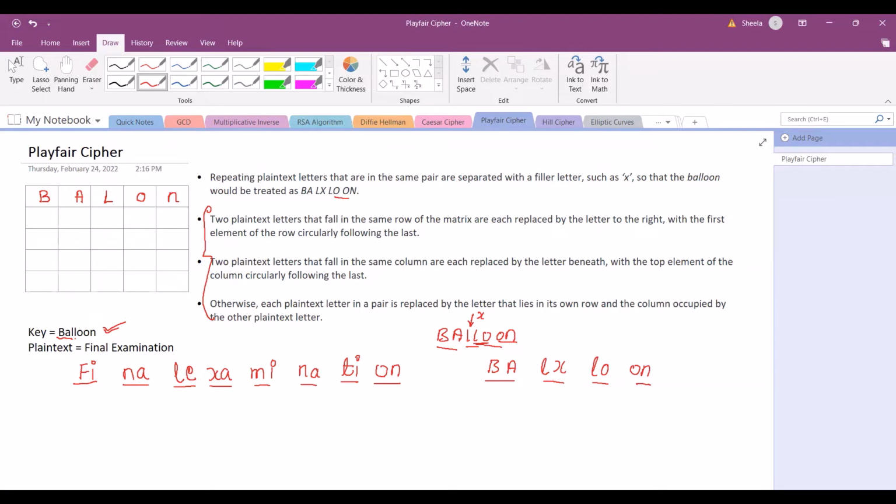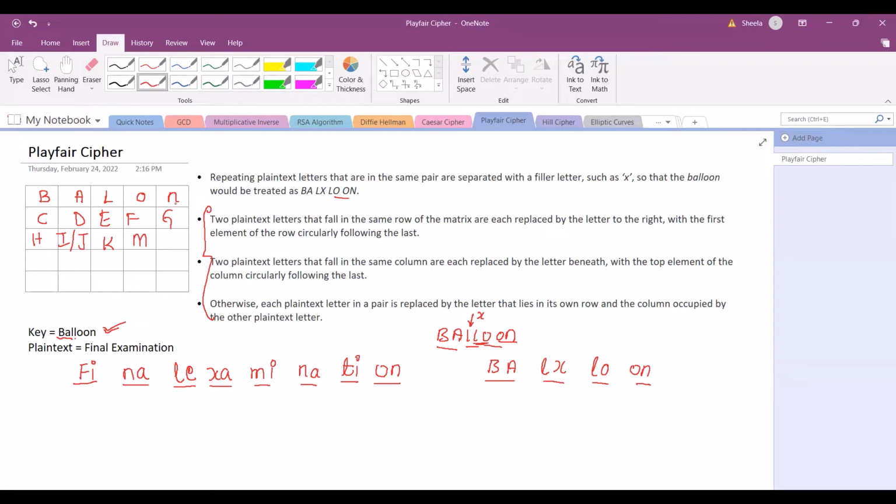A and B are already there in the first row, so we are not going to use A, B again. After A, B, the next letter is C, D, E, F, G, H, I and J, which we will write in the same box. Then I, J, K. L is already there.